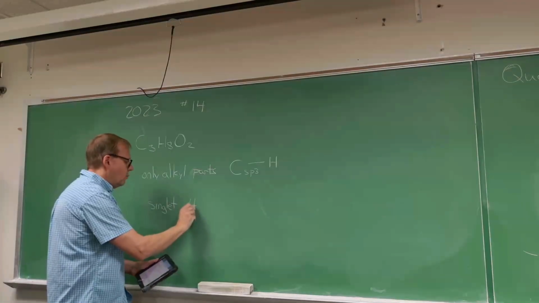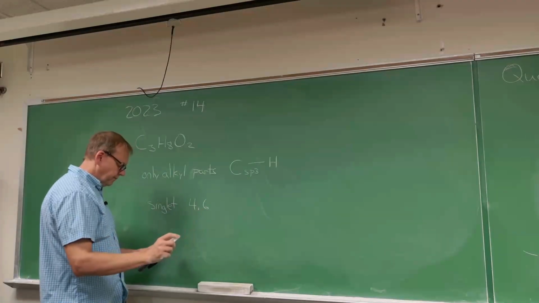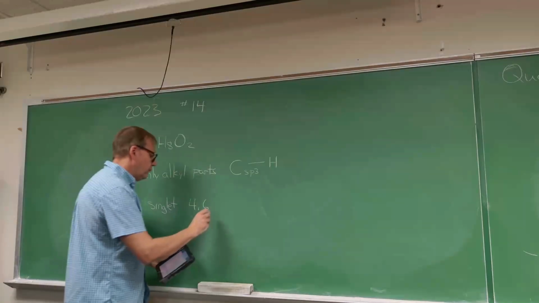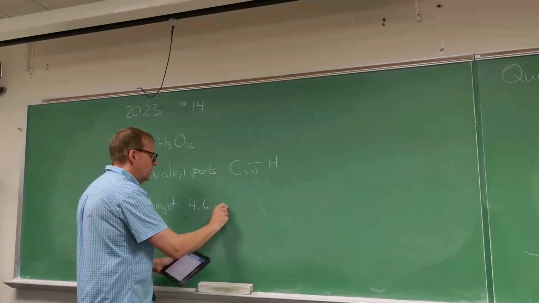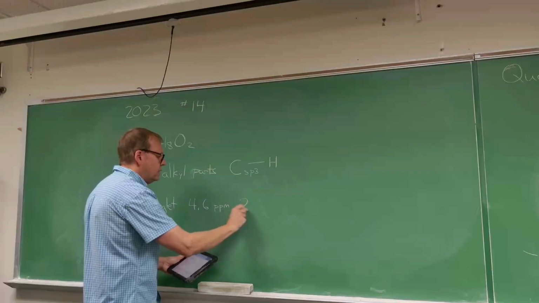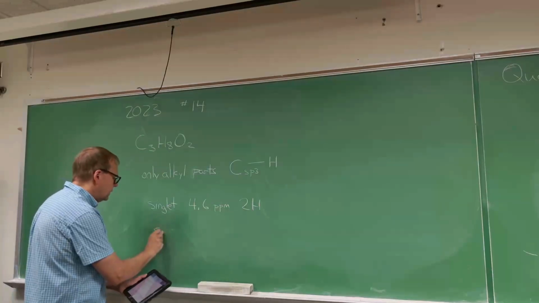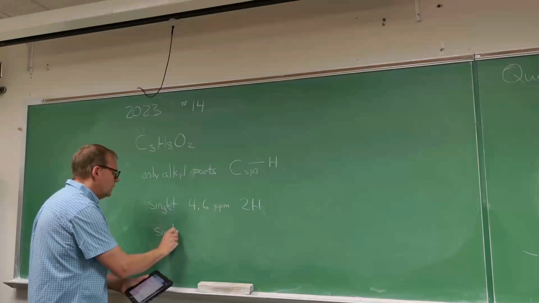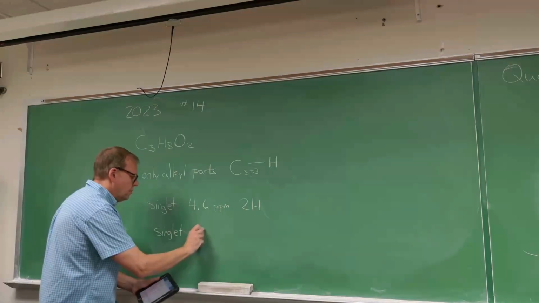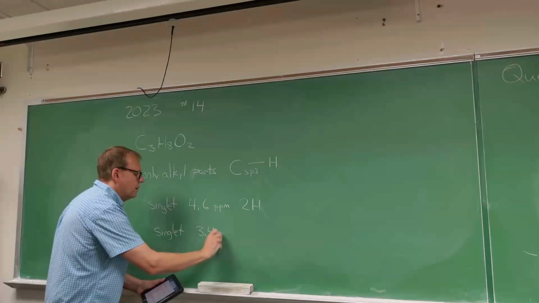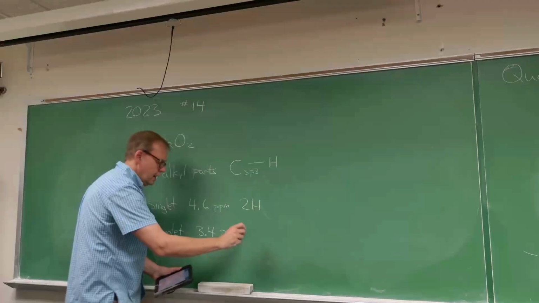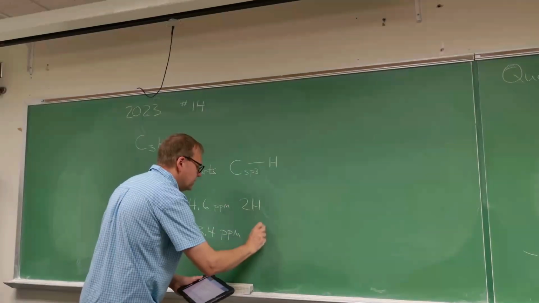A singlet at 4.6 parts per million with an integration of 2 H's. And then there's another singlet, this one at 3.4 parts per million, and this is representing 6 H's.